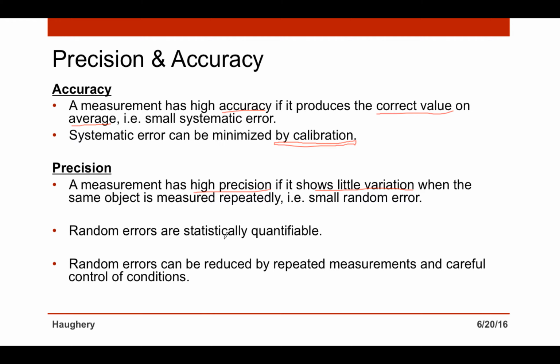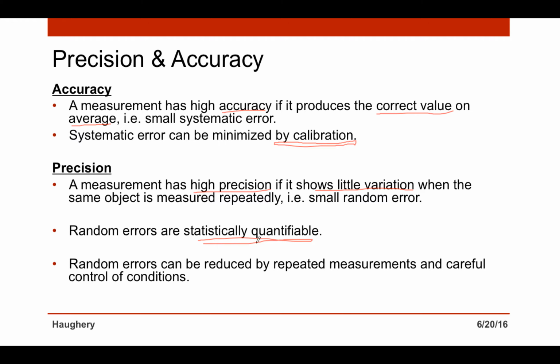Random errors, of course, are statistically quantifiable. So we can actually use statistics to describe and predict how much random error we're going to have in a measurement. And that's a very big part of statistics that is very commonly used when we take measurements of processes and measurements of physical things.